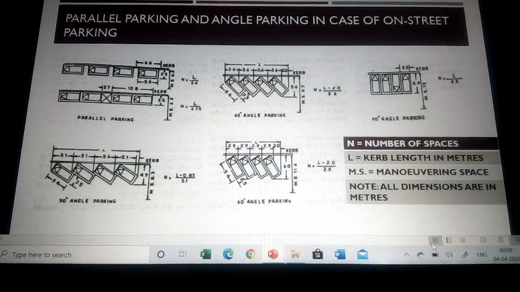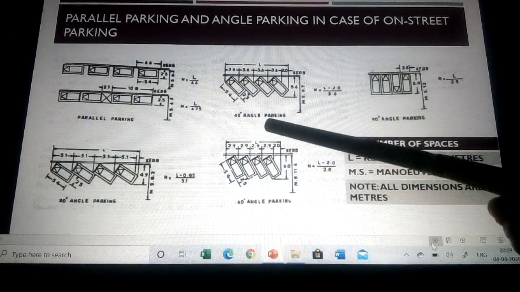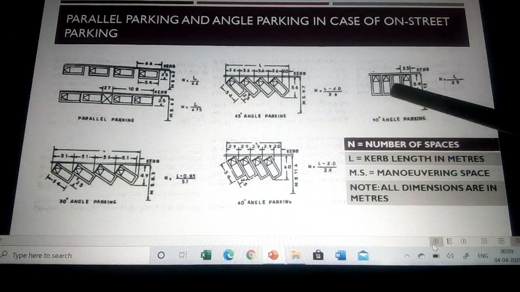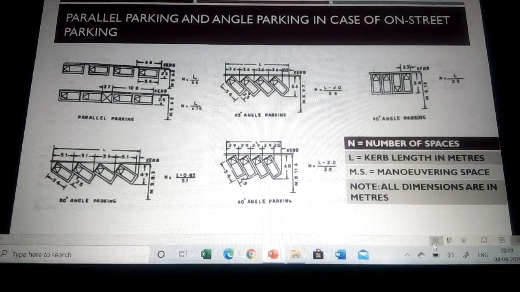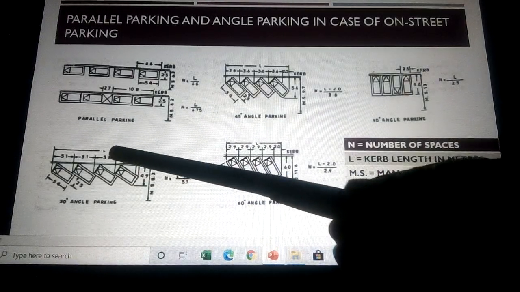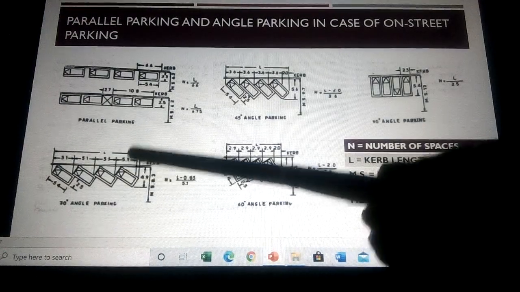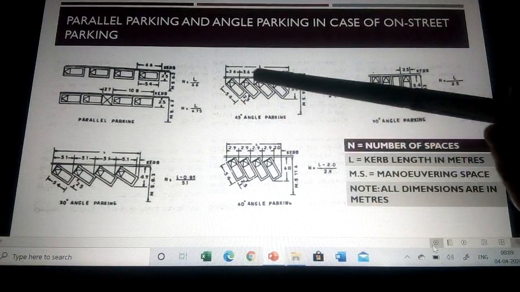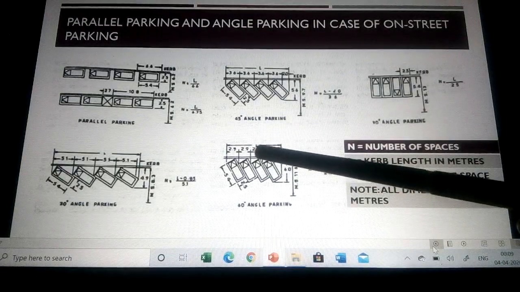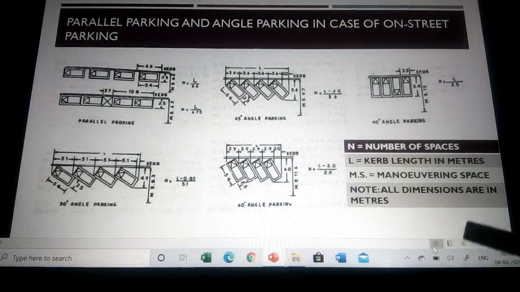center distance between spaces. Now it can be 30-degree parking, 45-degree parking, 60-degree parking, or 90-degree angle parking also. In 30-degree, the space distance is approximately 5.1, in 45-degree it is 3.6, in 60-degree it is 2.9, and in 90-degree it is 2.5.